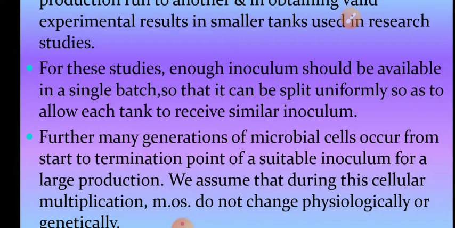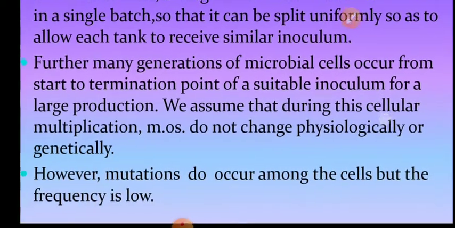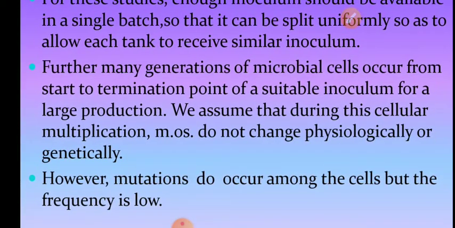Okay, so each tank or each study should get the same inoculum, and that is why you should have a sufficient quantity of inoculum. Further, many generations of microbial cells occur between when you start the inoculum buildup and when you finish it, from inoculating the stock culture into the slant culture to the end, when you have a large tank filled with broth culture or inoculum.